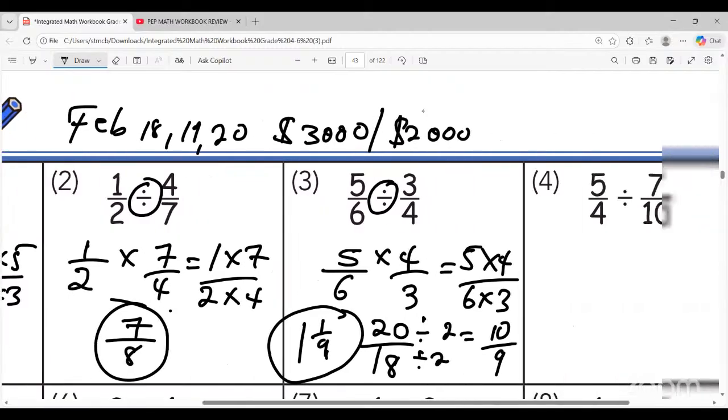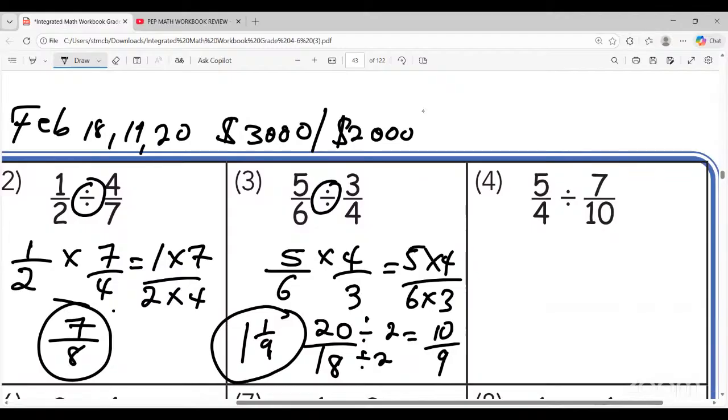What about this one, number 4? 5 over 4 divided by 7 over 10. What's the answer for that one?